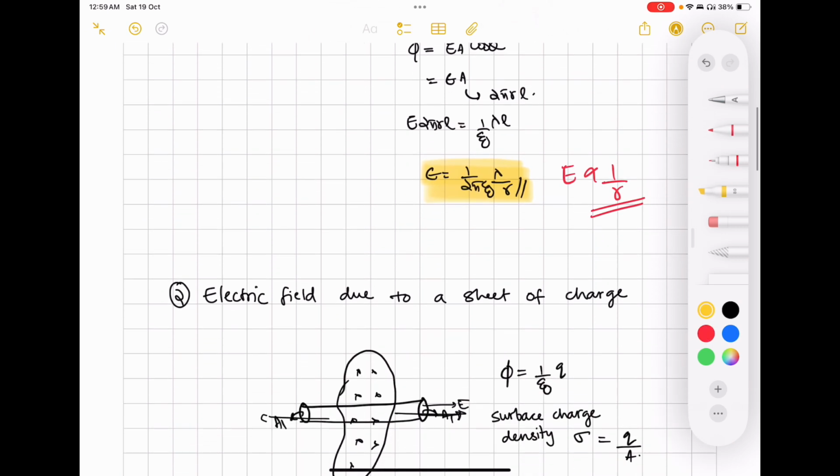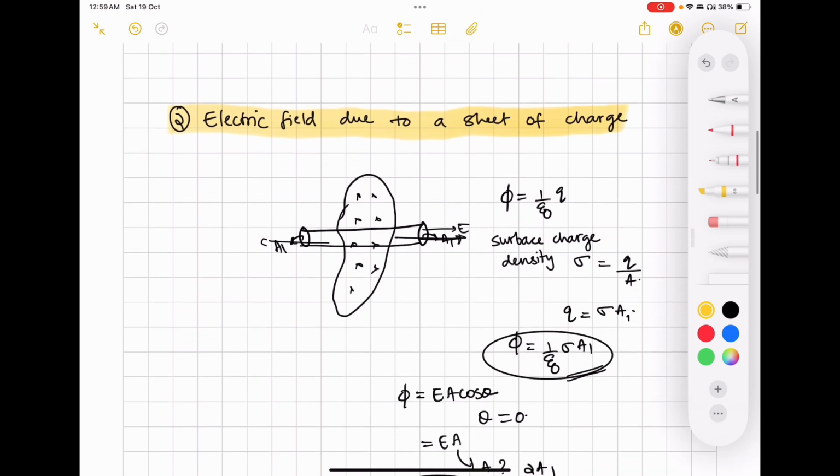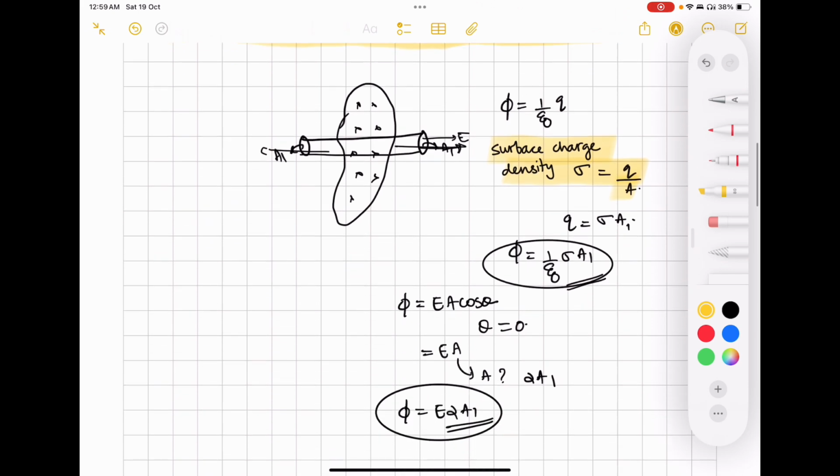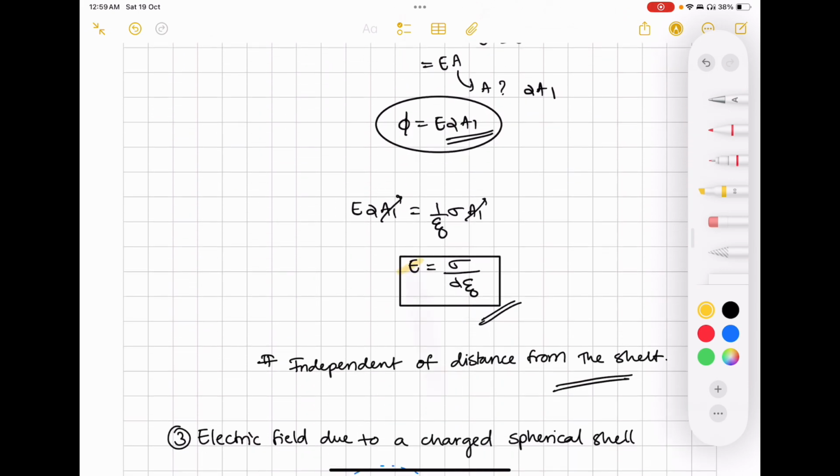Next, we have studied electric field due to a sheet of charge. Here we have introduced a new quantity called surface charge density sigma, which is the total charge per unit area. And we have found the electric field due to a sheet of charge as E is equal to sigma by 2 epsilon 0.